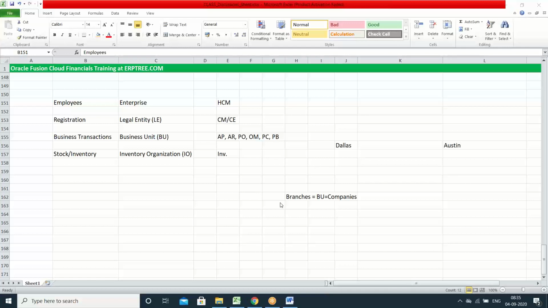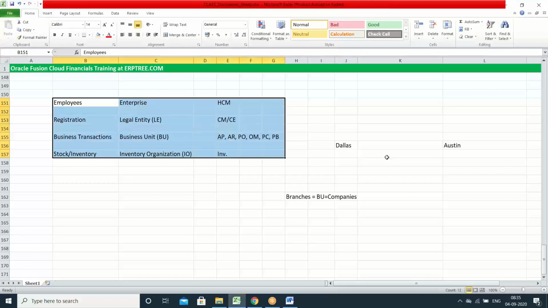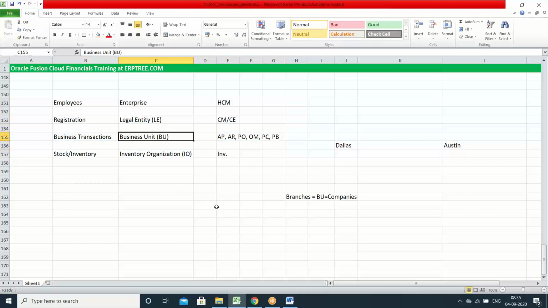Each outlet. If they have many outlets and are going to implement Oracle Fusion applications, they'll create a separate business unit for each. So the legal entity is the mother of all. Exactly.